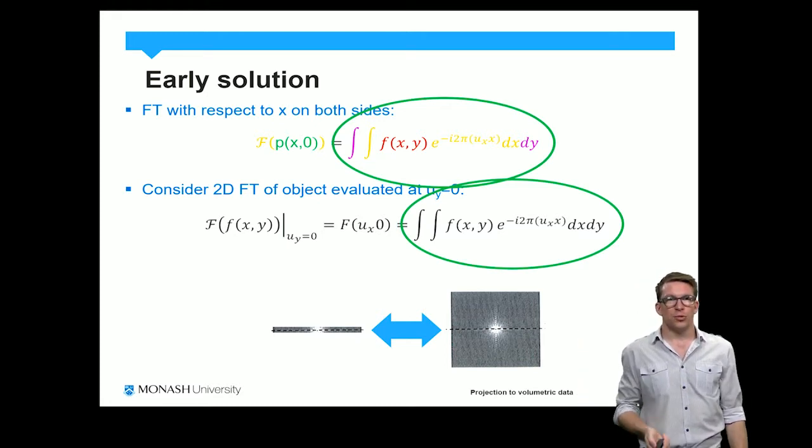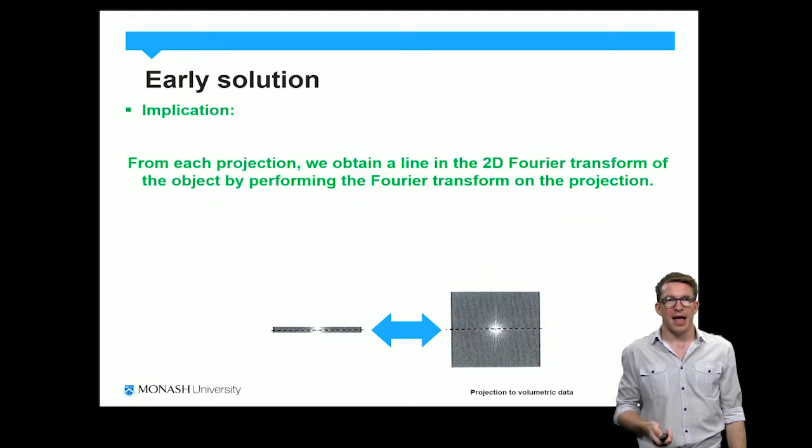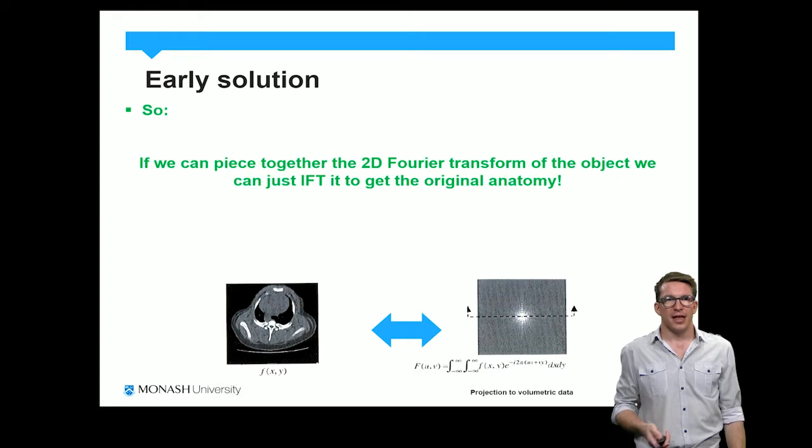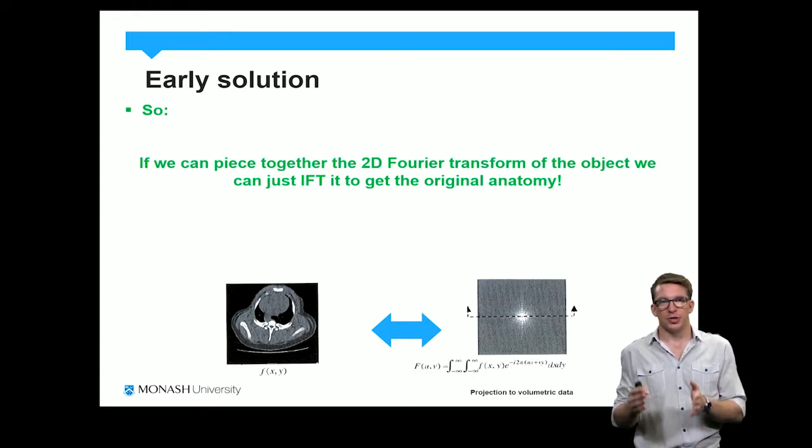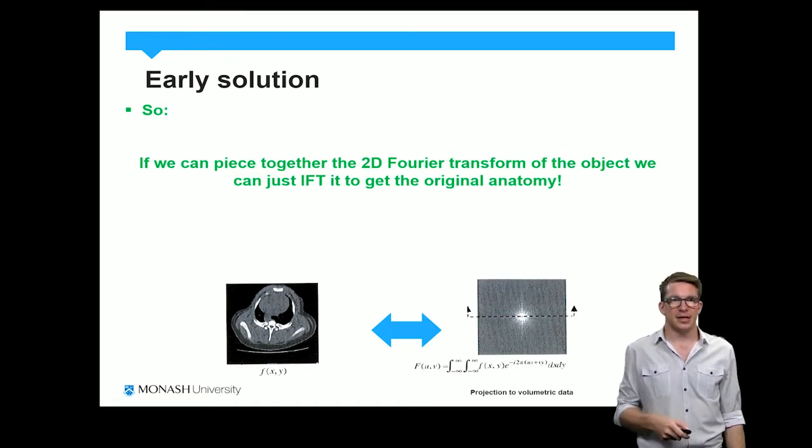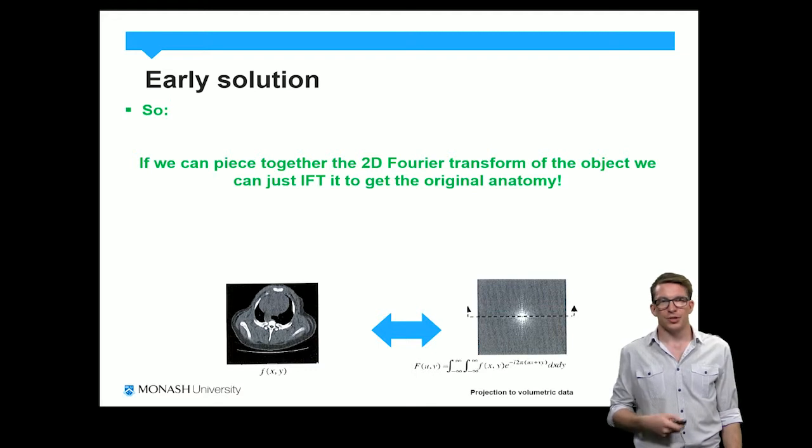And if we do that at all angles, we see that the angular distribution is conserved. So that then means that we can effectively build up the two-dimensional Fourier transform of our resulting image just by repeating those steps at each angle. And once we have the two-dimensional Fourier transform, we know if we want to get back to the original image, all we have to do is invert that Fourier transform.